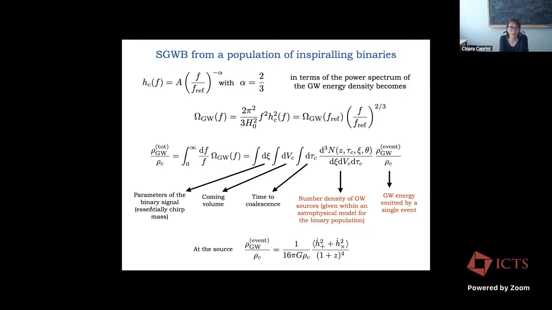There are many parameters of a binary signal, but the most important here is essentially the chirp mass.